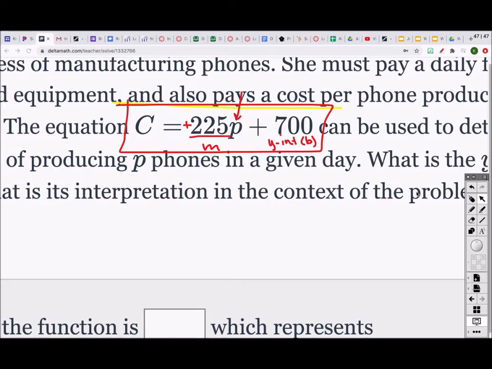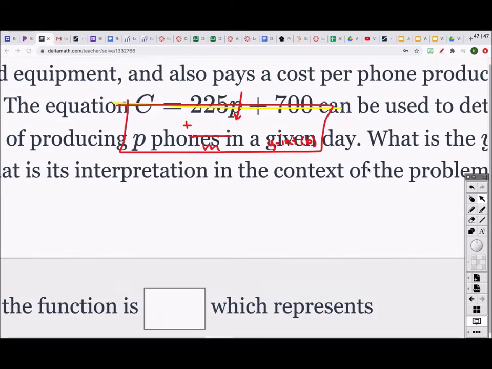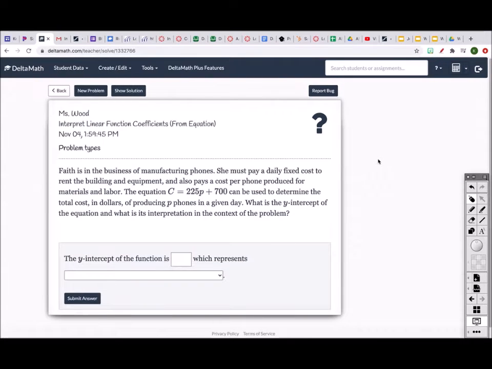So at that point, then you zoom out. Now I have to read the rest of the problem. The rest of the problem says that she's in a business where C is the total cost in dollars of producing P phones.